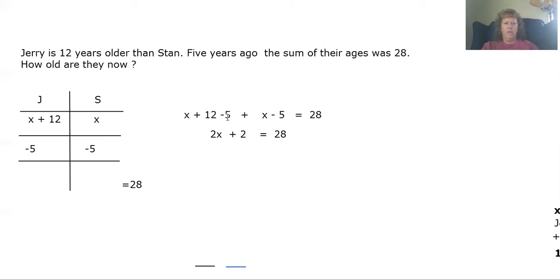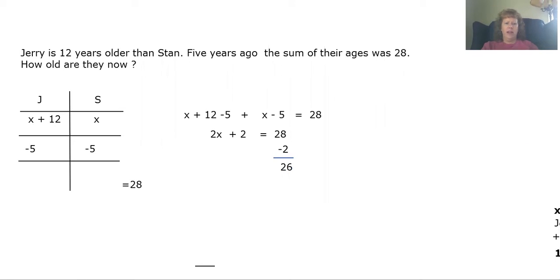So 12 minus 5 minus 5 left 2. Now let's do the inverse operations to solve for x. So instead of add 2, let's subtract 2. Which will leave 26.